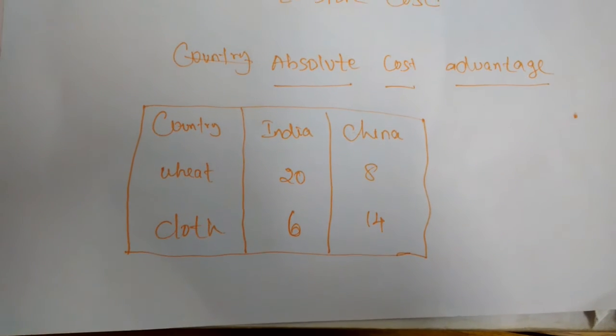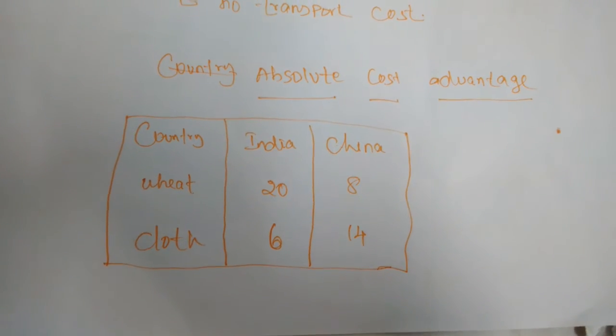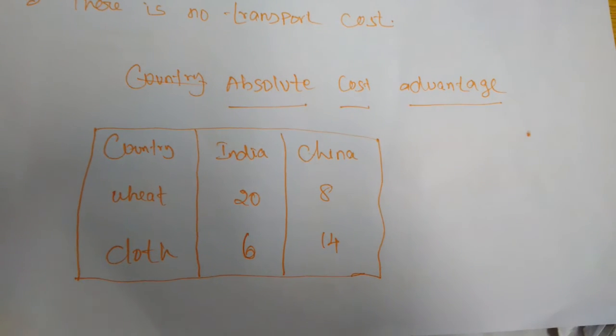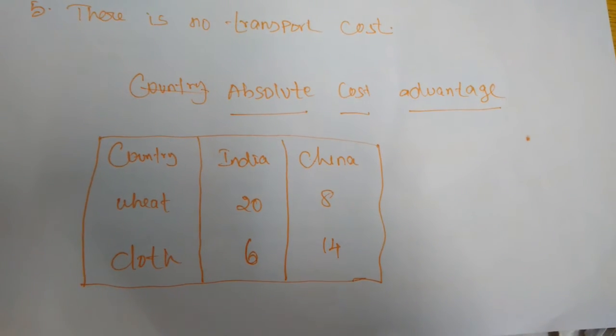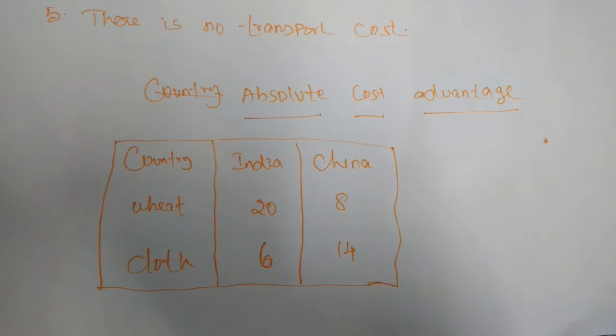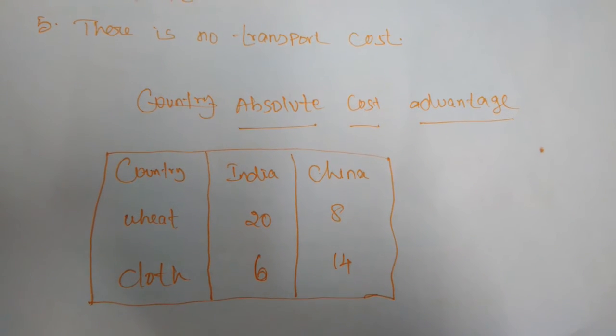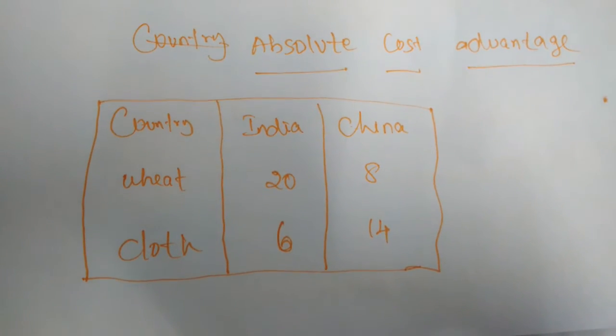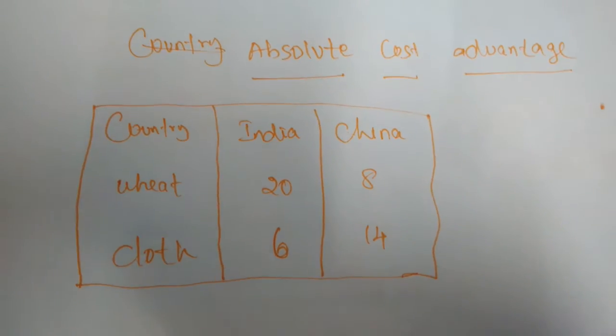Next, for cloth, India can produce 6 units of output per one labor, and China can produce 14 units of cloth. We can clarify it with 1 unit of labor.